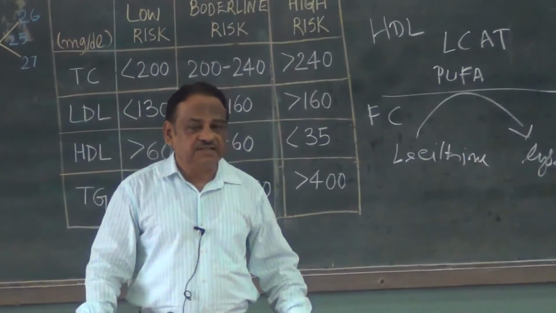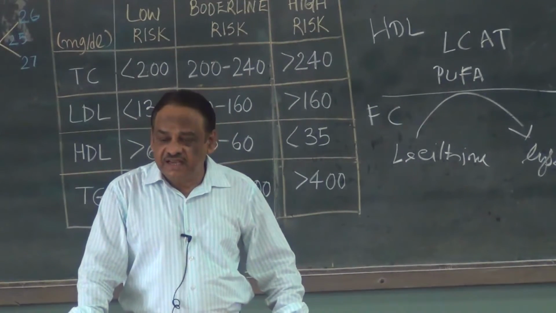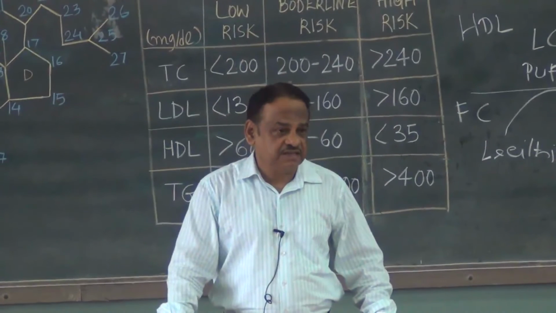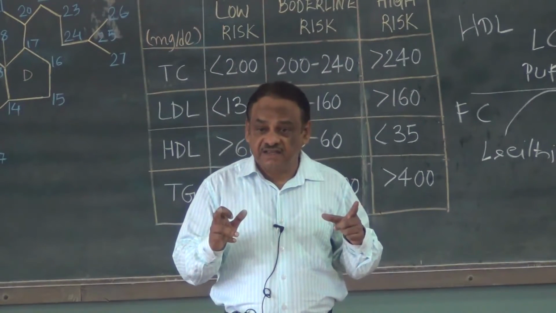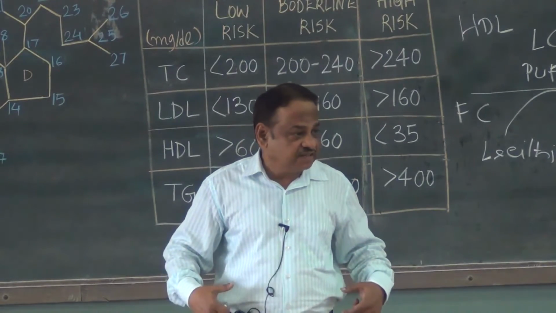The waist circumference, if it is more than 80 in females and more than 90 in males, is a risk.